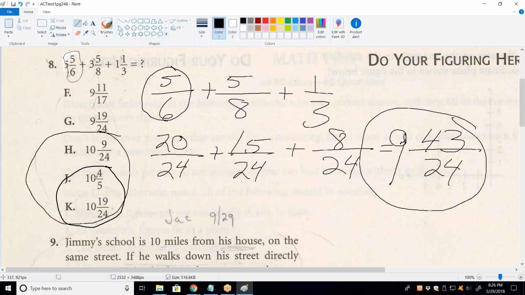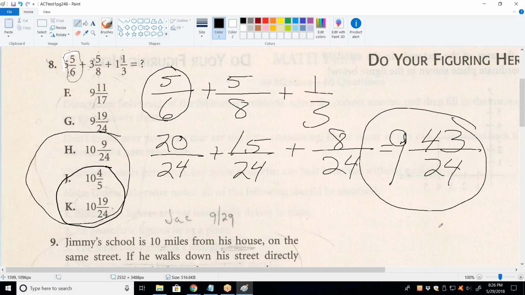What do you do with 43 over 24? What's that equal to? Just divide it. And what's the result? 1.8. See, that's a fraction again. It's not 1.8.